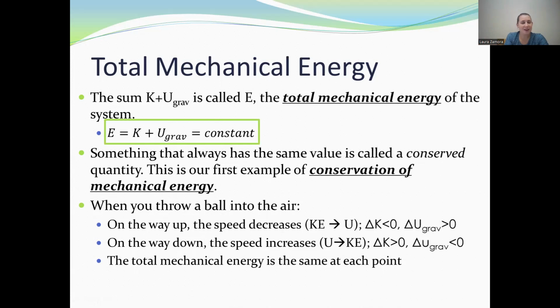Although the closer it gets to your hand, the lower its potential energy gets because it has a lower potential to fall the closer it gets to your reference point, being your hand or the ground. Right, so that potential energy is now turning into kinetic energy. But at every point in this ball's path, the total mechanical energy is the same, right? It's just changing from one form to another form of energy.